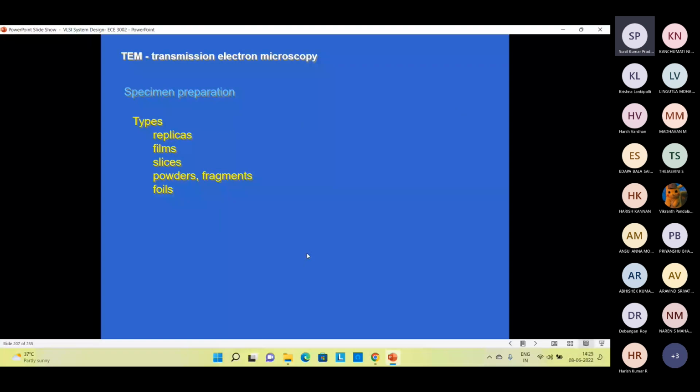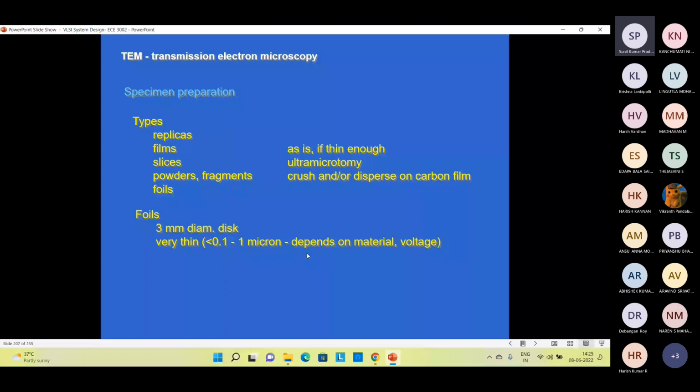There are different ways of specimen preparation, and specimen preparation is actually a difficult task in transmission electron microscopy. Generally, we take samples like slices, films, powder, fragments, foils, or replicas.